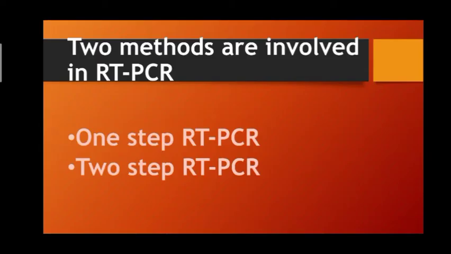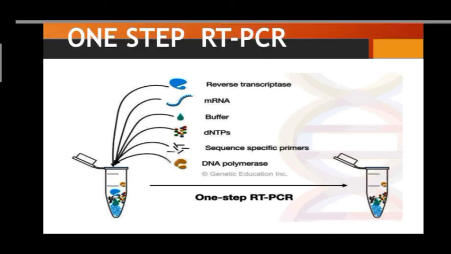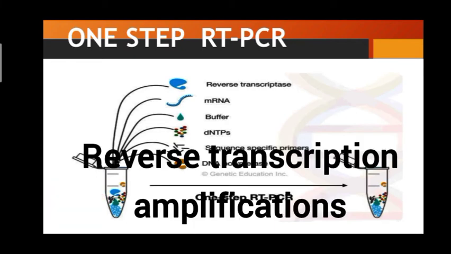Depending upon that, the RT-PCR can be performed by two methods. One is one-step RT-PCR and the second one is two-step RT-PCR. In one-step RT-PCR, in a single tube or single reaction, reverse transcription and amplification are performed.